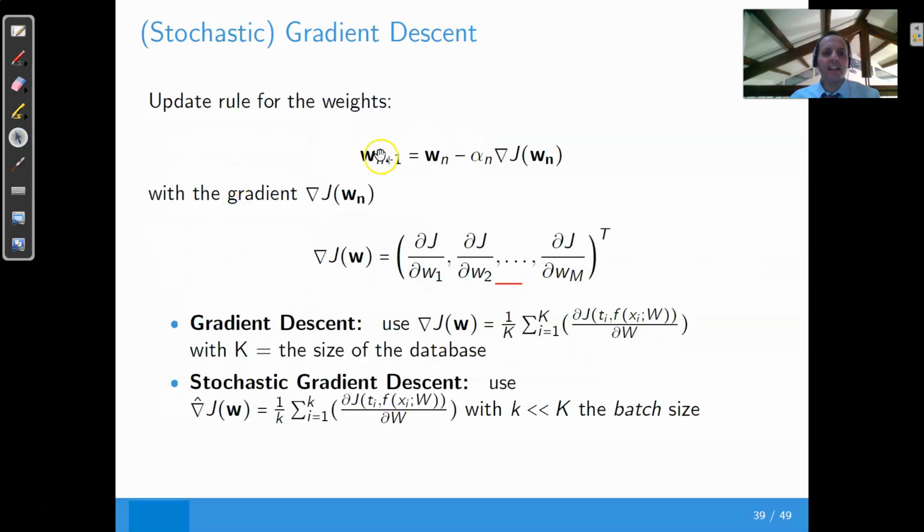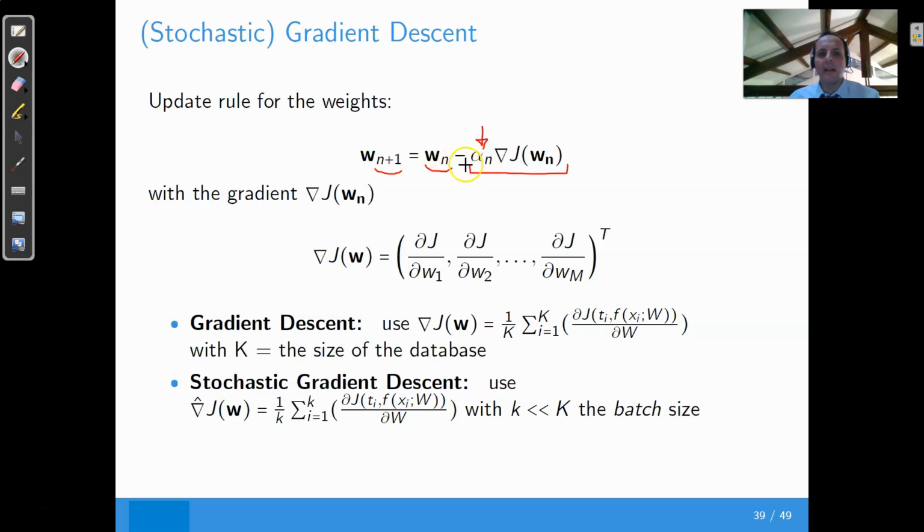Well, as I anticipated in the previous slides, the update rule for computing the weights is represented by this cost function here, also called the adaptive law, because it means that the new value of the weights corresponds to the previous one updated with respect to this term, which contains two factors.